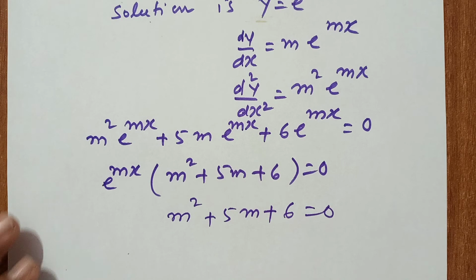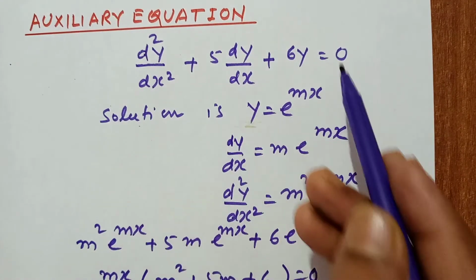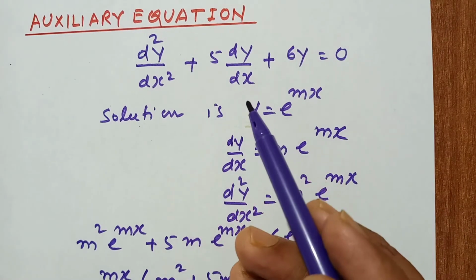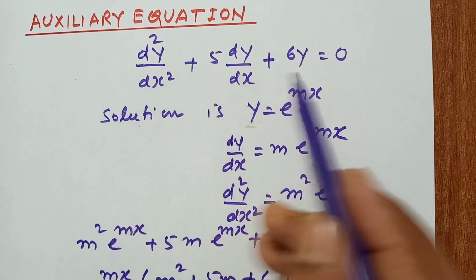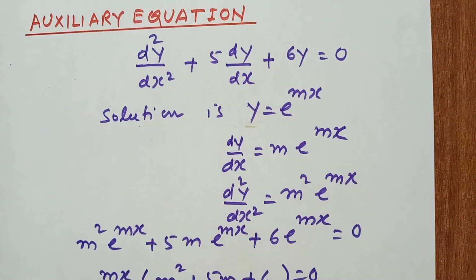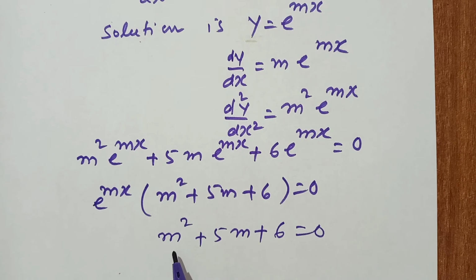Okay. So first you see this is a linear differential equation of order 2, and we calculate the auxiliary equation of this differential equation. So what is the auxiliary equation? Here you see m square plus 5m plus 6 is equal to 0. This is very easy.